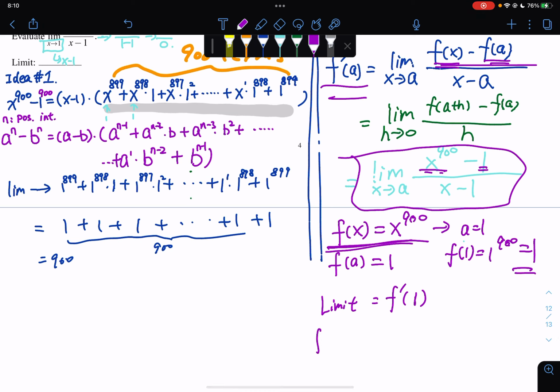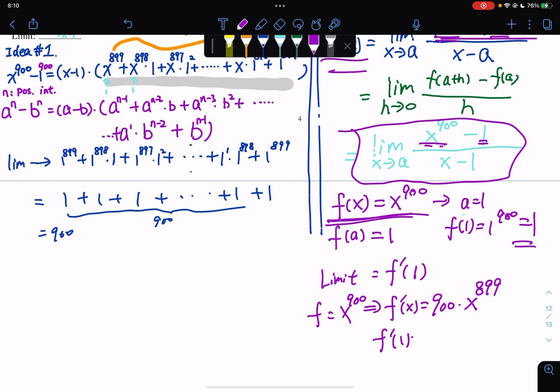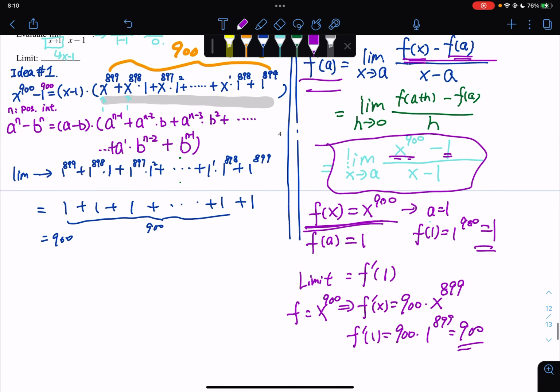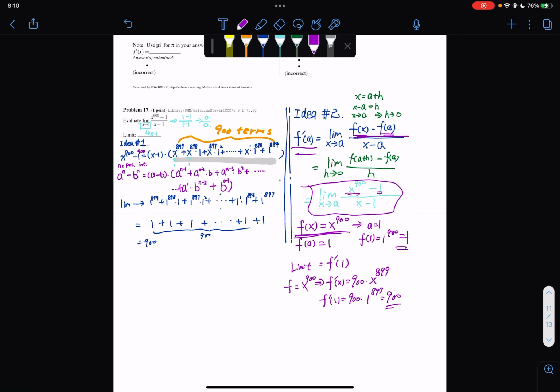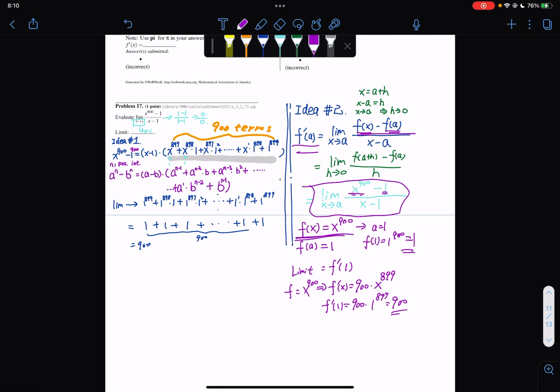Well, if f is x to the 900, you've learned the power rule. The derivative of it is 900 x to the 899. Therefore, f prime of 1 is 900 times 1 to the 899, which is 900. So you can see from the derivative point of view, we can also solve this problem.